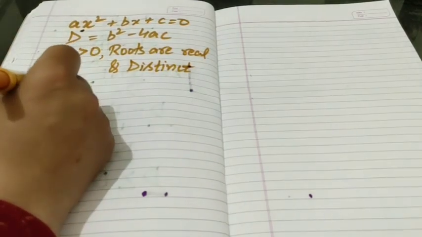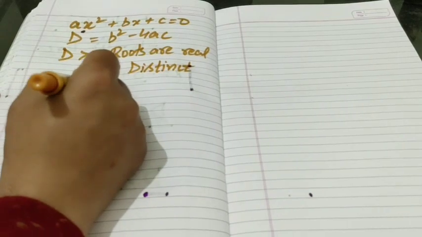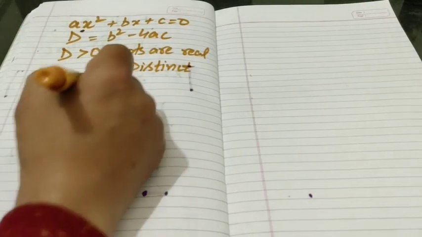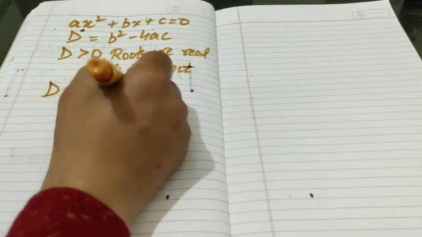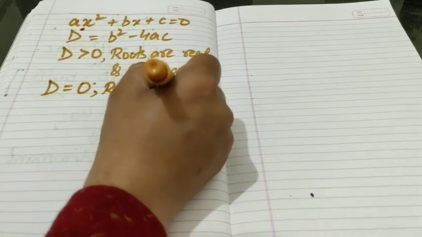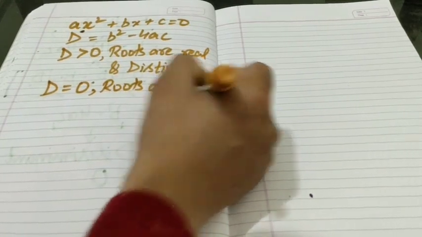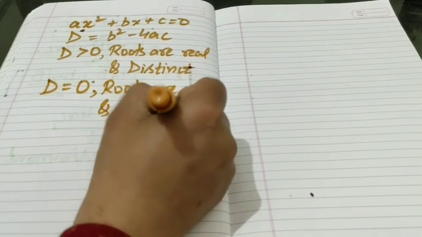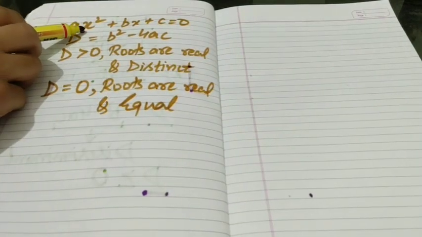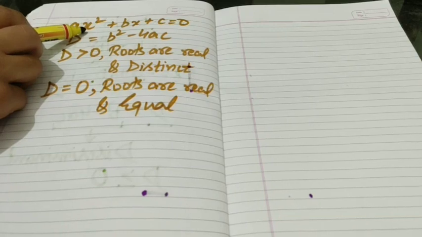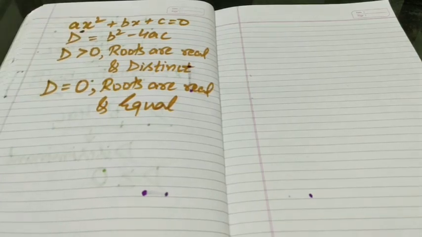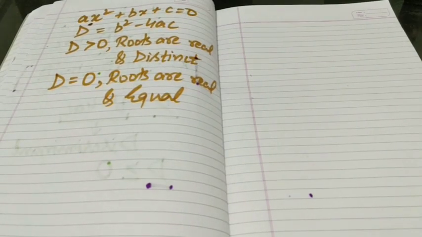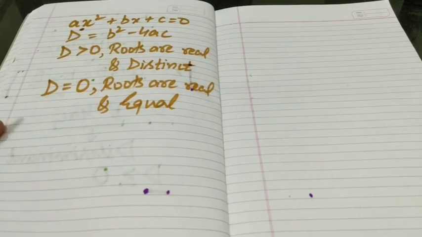The second possibility, if D is equal to 0, it means roots are real and equal. Means here the value of x is real and both the values of x will be the same.